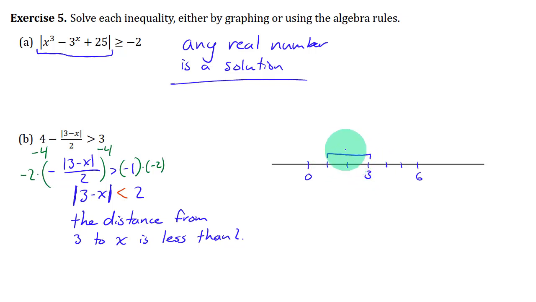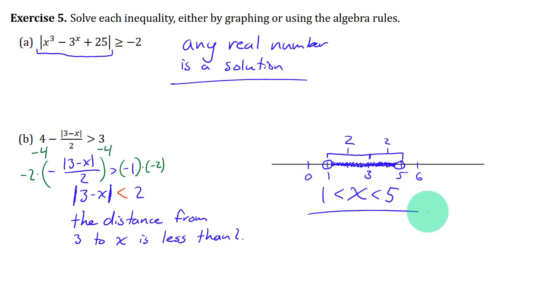If we go 2 this way, that will put you at 1. If you go 2 the other way, that puts you at 5. So we're saying the distance from 3 to x is less than 2. That would include all this stuff here. So yeah, you can describe that as values of x that are in between 1 and 5. And that's that solution.